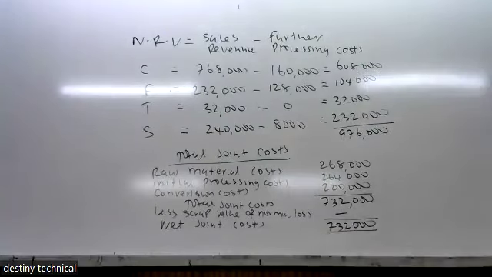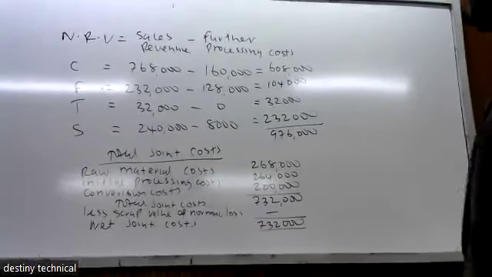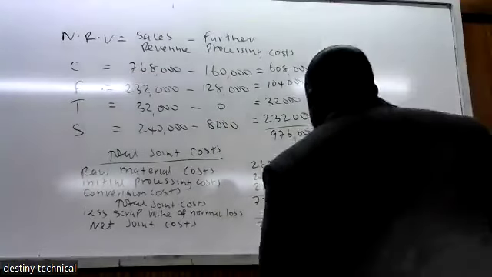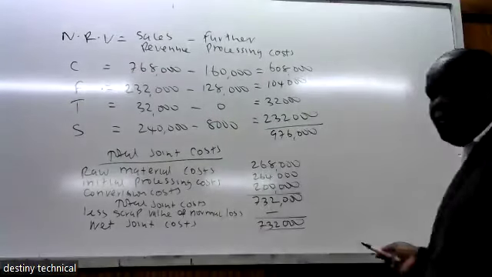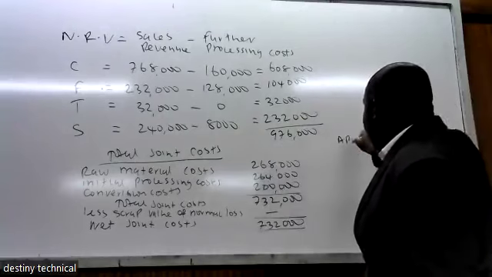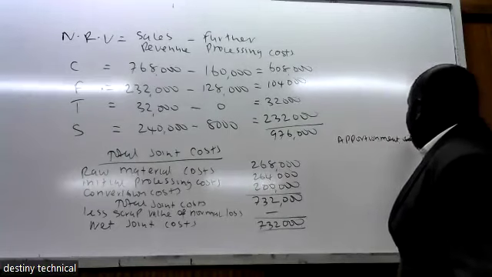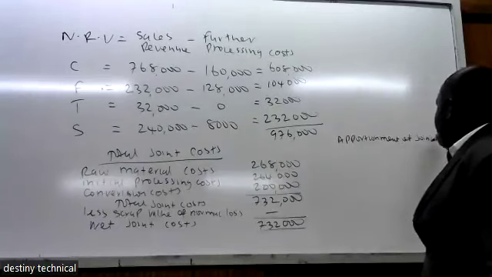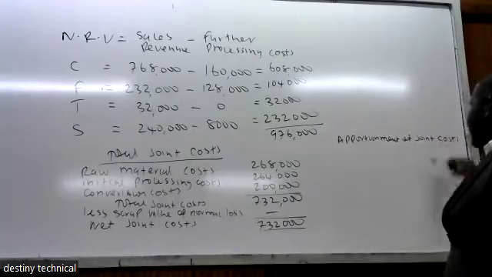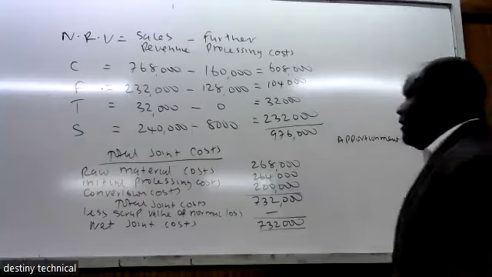So once we have done that, we need now to apportion those particular joint costs. So we now come up with the apportionment of the joint costs. You want to apportion based on the net realizable value.